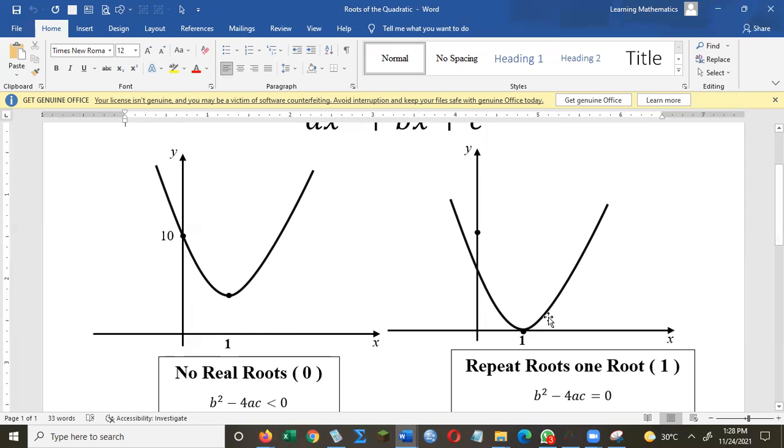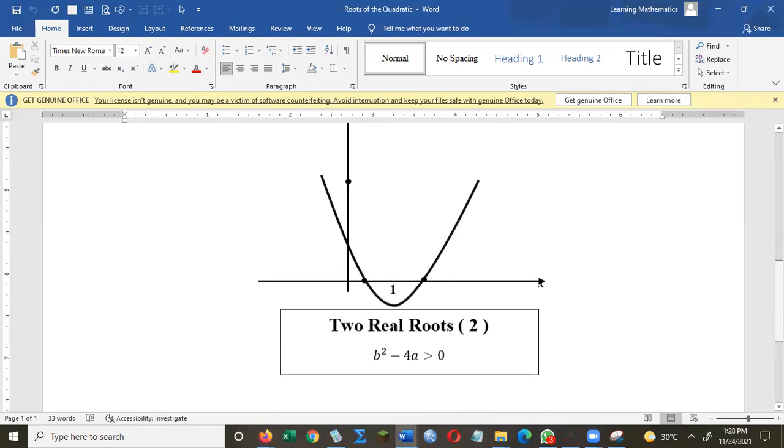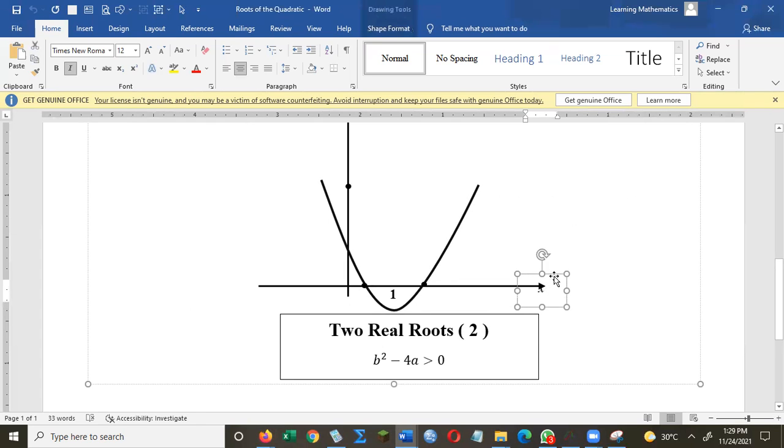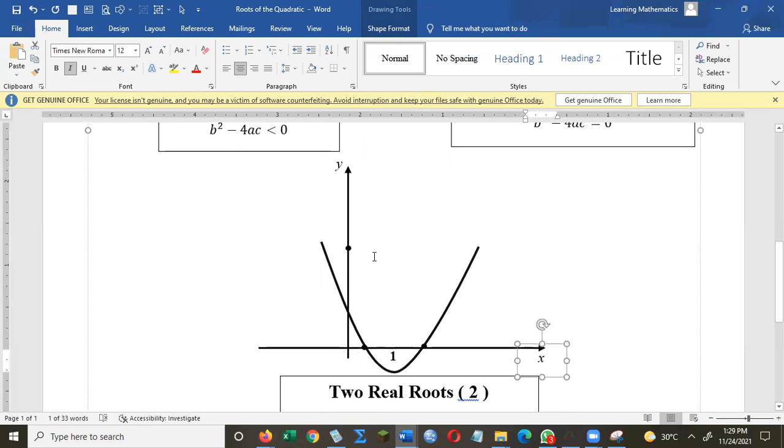So in a case like this, you'll have one value for x when y is 0. And in this case now, you're going to get two values for x. You see the x? Two values for x. All right? When y is equal to 0, for a case like that. You see where the parabola is touching the x-axis twice.